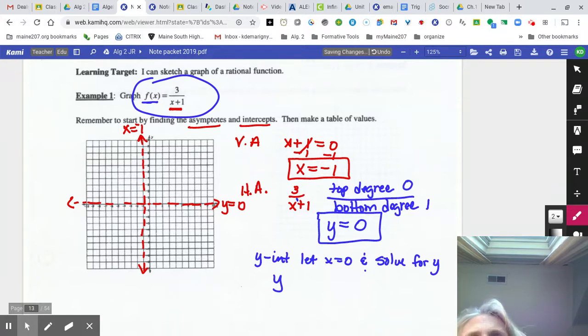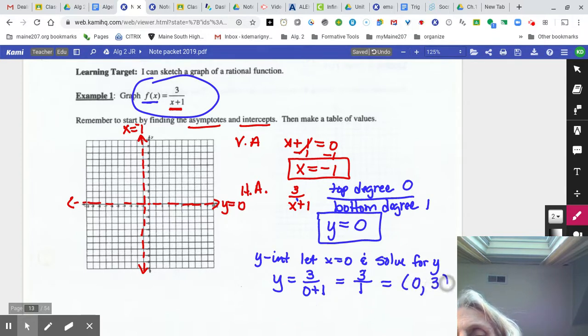Remember that f of x just stands for a y. It's the name of the function. So I'm going to say y is equal to 3 over 0 plus 1. And I have a 3 over a 1. So therefore, my y-intercept, when my x is 0, my y is 3. So I'm going to go to a 0, 1, 2, 3, and I'm going to make a point. It is really that easy.